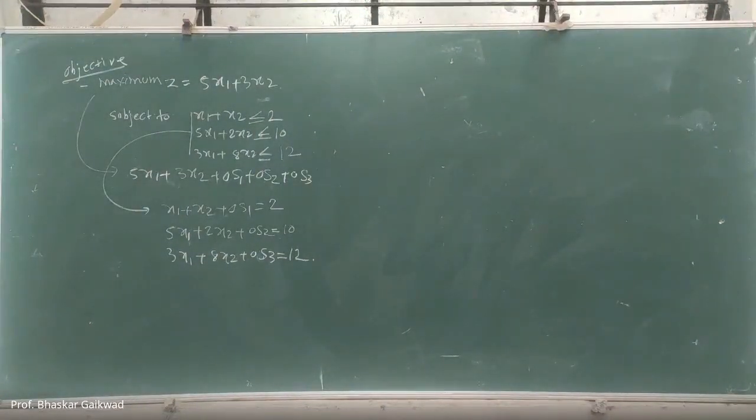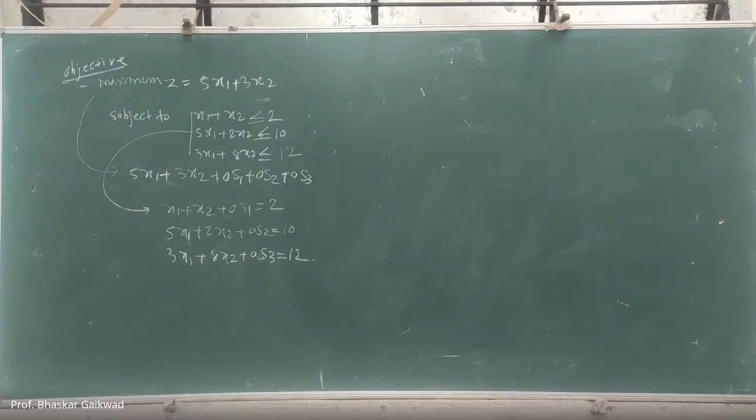Once the problem is given, you have to go this way. Addition of surplus variables, S1, S2, S3, depends upon the constraints it is subjected to. If it is 3, you add 3. If it is 2, you add 2.